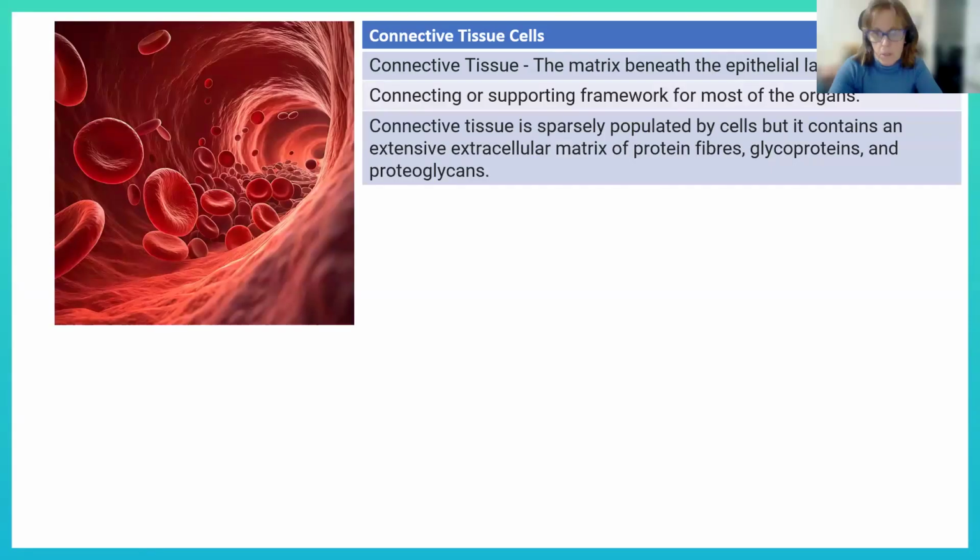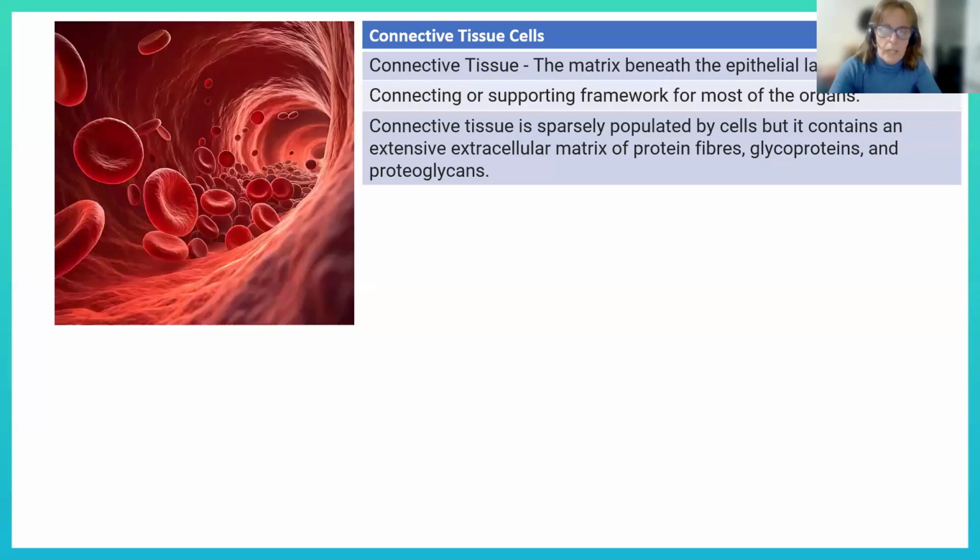Connective tissue is generally sparse. It hasn't got a lot of cells in it, but it contains what we call extracellular matrix. Extracellular just means outside the cell. So there's a lot of stuff in an extensive extracellular matrix.